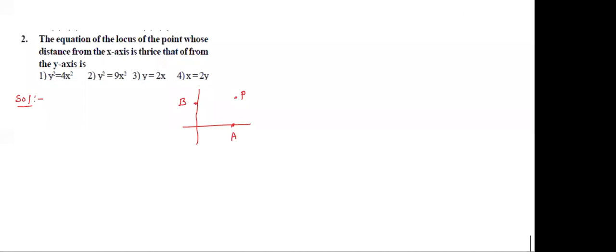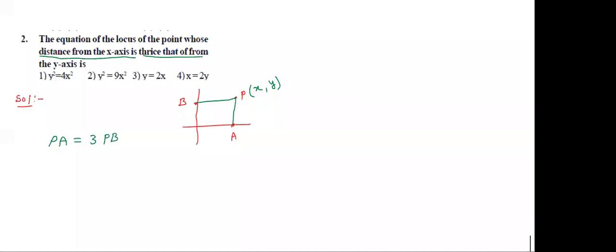Okay, join PA, PB. What is the given question? P is the locus. Locus means I am taking x comma y only. The locus of the point whose distance from the x-axis, PA, is equal to thrice the distance from the y-axis.